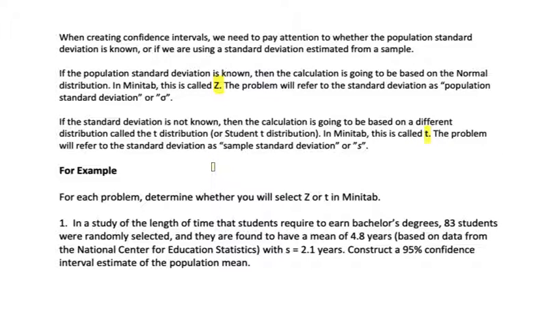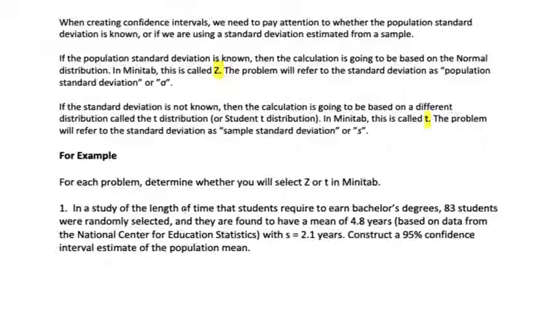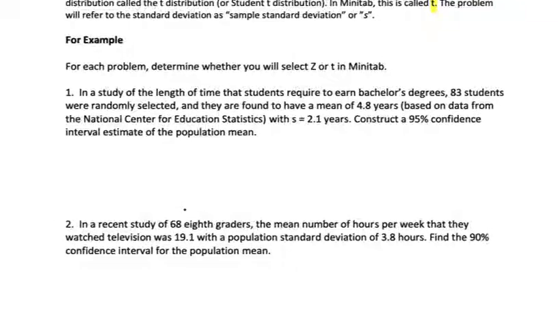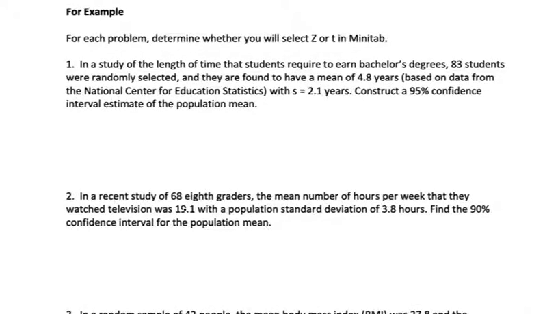In this situation, the problem would refer to the standard deviation as a sample standard deviation, or S. So the problems are worded differently, and you really have to pay attention to that to figure out whether you're going to be selecting Z or T. So for these examples, all we're going to be doing is determining whether we will select Z or T in Minitab.